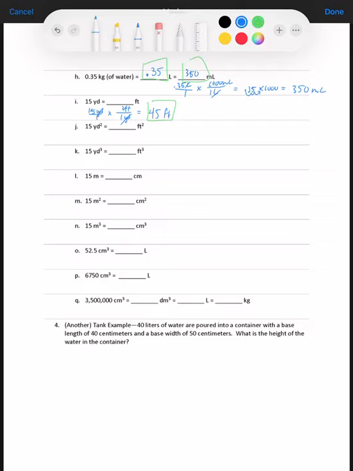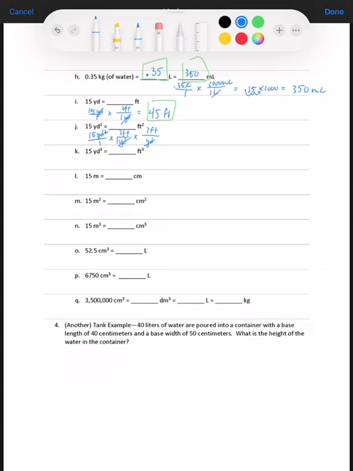Next, we're going to do square units. Now remember that for square units, I'm going to use 2 conversion factors. So 15 yards squared over 1 multiplied by, well, there's 3 feet in a yard, but I'm not sure how many feet squared are in yards squared, so I'm just going to do 3 feet for the 1 yard again. But I need yards to cancel. There's only one set here, so I need another 3 feet for 1 yard conversion.